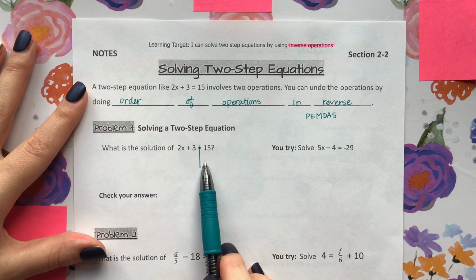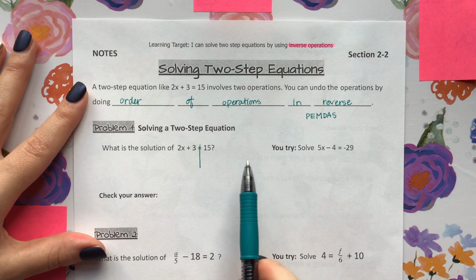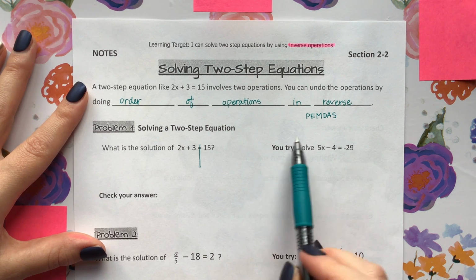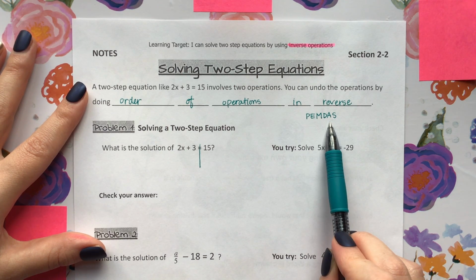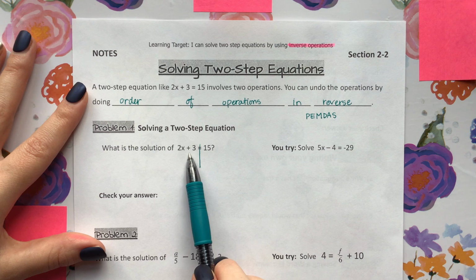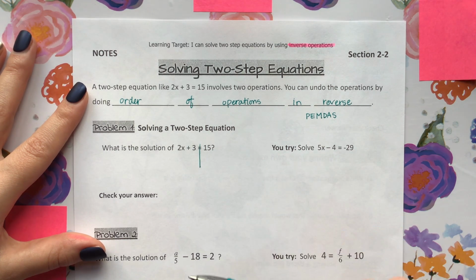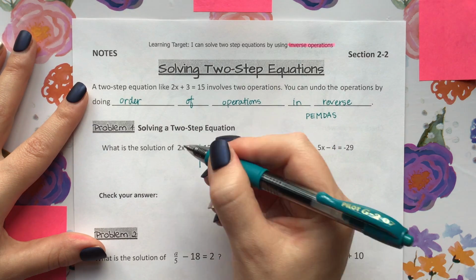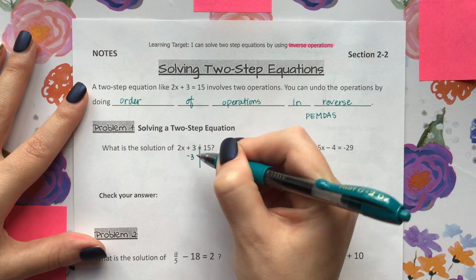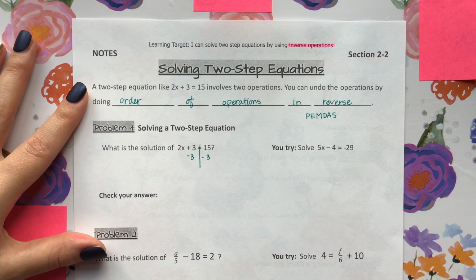What is my first step? I do order of operations in reverse, so adding and subtracting is the first thing I look for. This says plus 3, so I subtract 3 to do the opposite. Minus 3 on the left, minus 3 on the right.